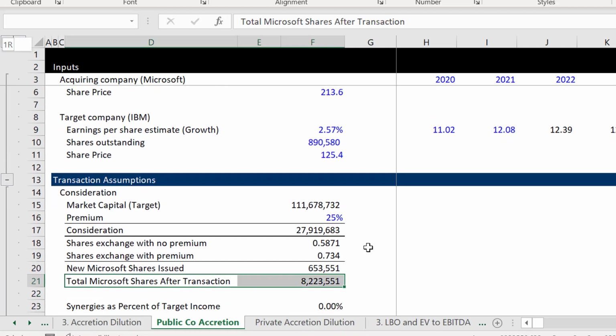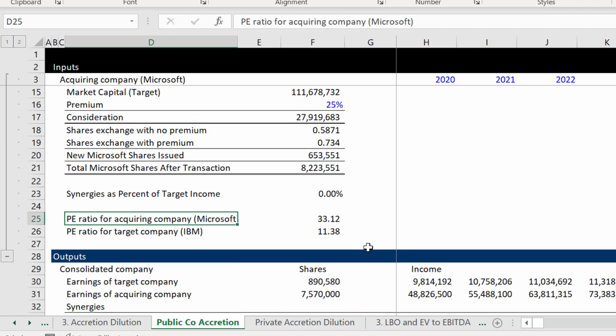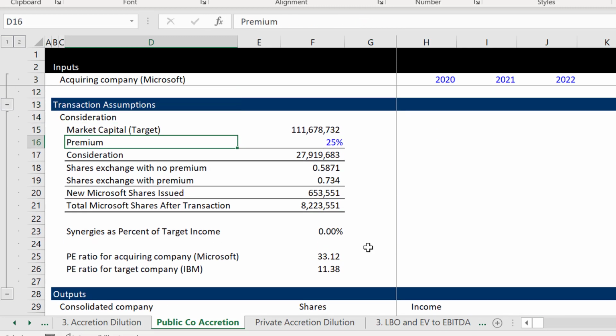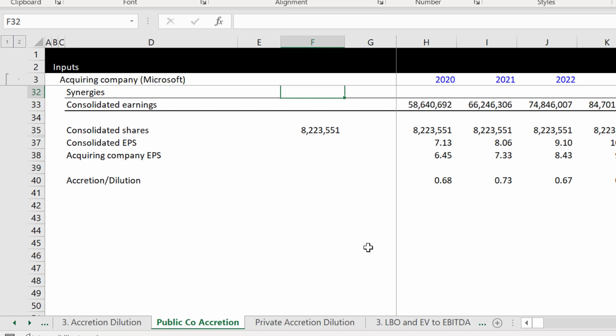That's our new shares. Maybe I'll make the double underline on that one. We're working through how much we're paying for the company and where we're getting the money. That's always a step in doing these M&As, whether it's a simple thing like this or a complicated thing.